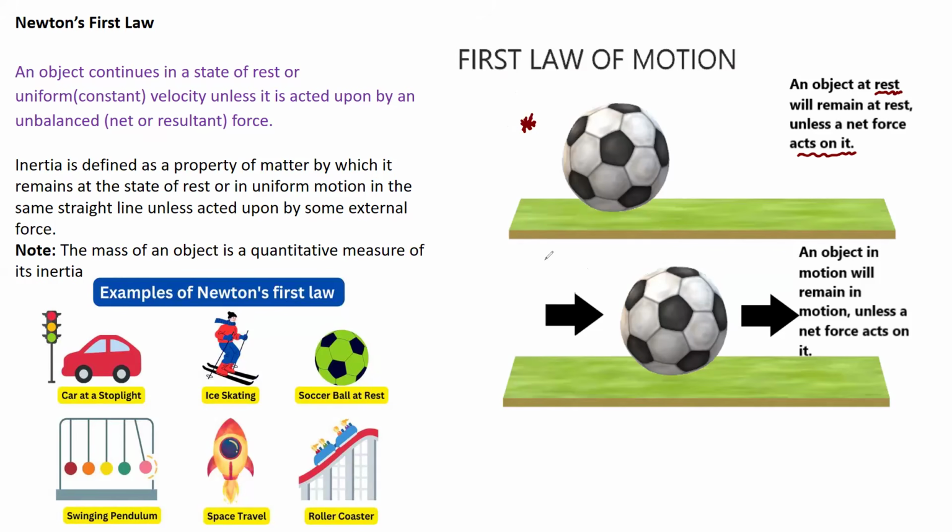Newton then says also an object will continue moving at uniform motion, 20 meters per second, unless it is acted upon by an external force. So Newton says, oh, you got to listen to this. Things will continue the way they are unless they are changed.